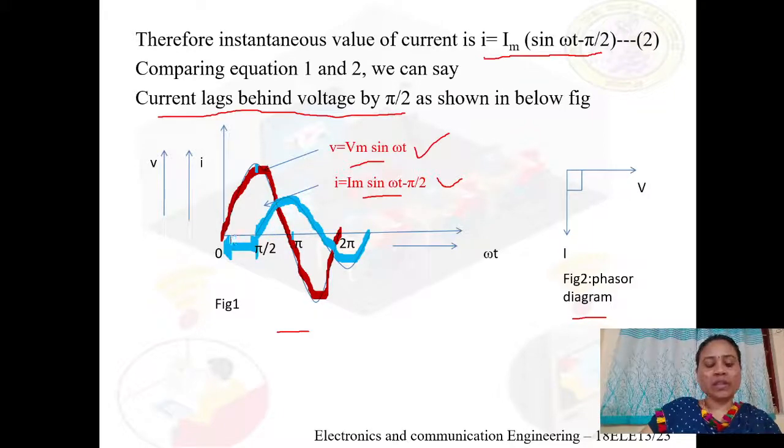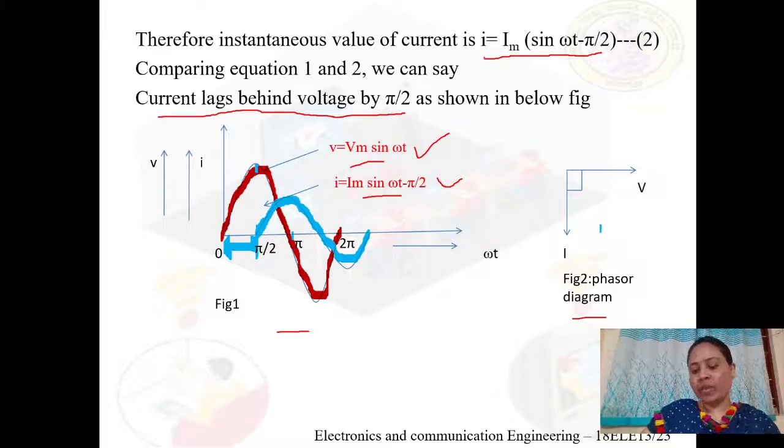Therefore, the time interval from the zero reference value to reaching the maximum value, we can see it is a 90-degree difference there. Therefore, we can say current lags the voltage by pi by 2.